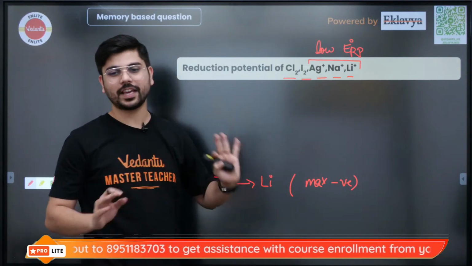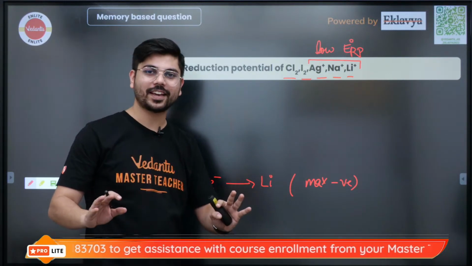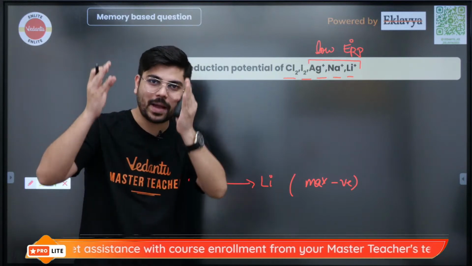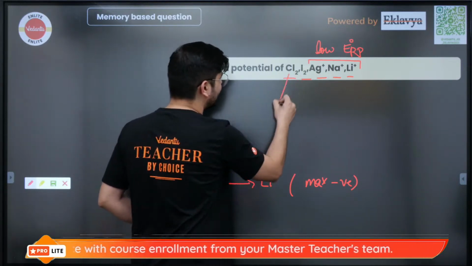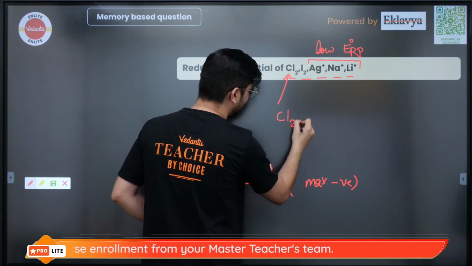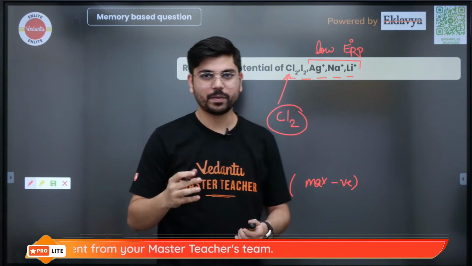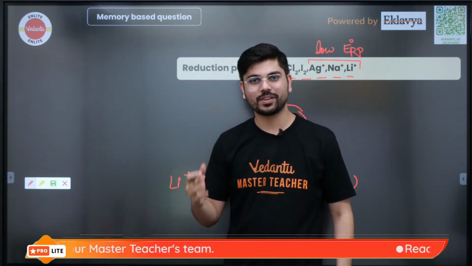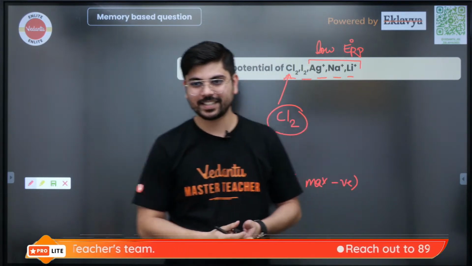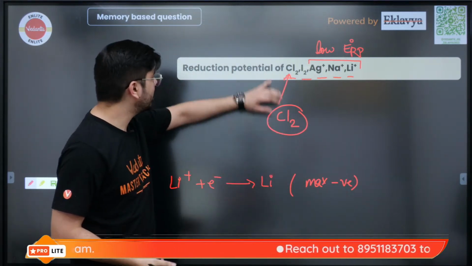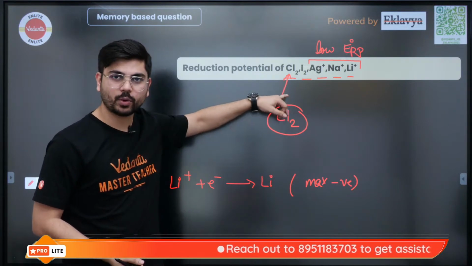So without even thinking, the answer had to be from halogens. The answer is Cl2. Don't we put chlorine in swimming pool to oxidize things, right? So Cl2 has the maximum reduction potential.